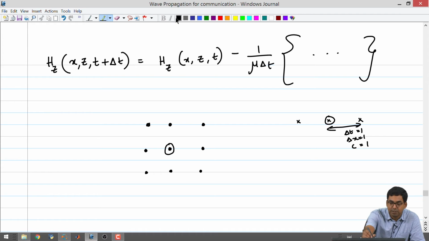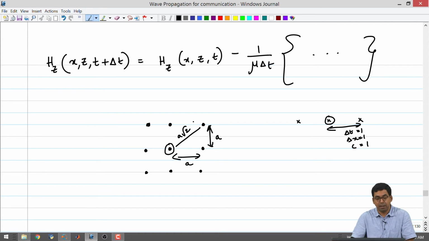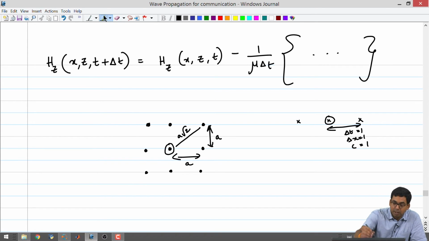So, if your side is going to be marked by A, this is also A, this distance is A root 2. It travels a longer distance at the same delta t. Okay. So, you have to consider the highest velocity in your system possible and then figure out what your delta t would be like, right.